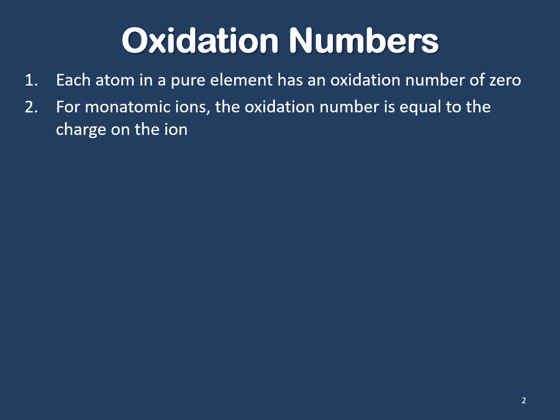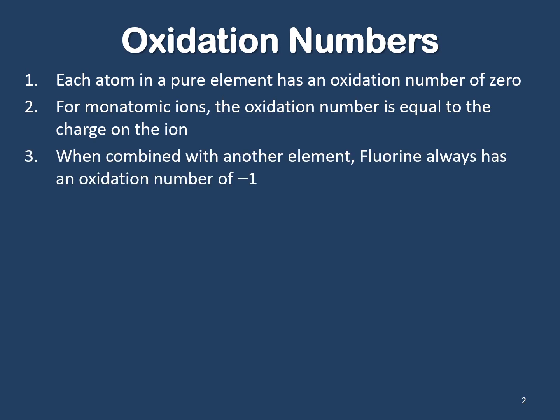The second rule is that if we have a monoatomic ion, so instead of iron solid, what if I had Fe2+ aqueous? Well, the oxidation number is equal to the charge on that individual ion. So if we had Fe2+ aqueous, then the oxidation number would be 2+. If we have Fe3+ aqueous, then the oxidation number would be 3+, because that's the charge on the ion.